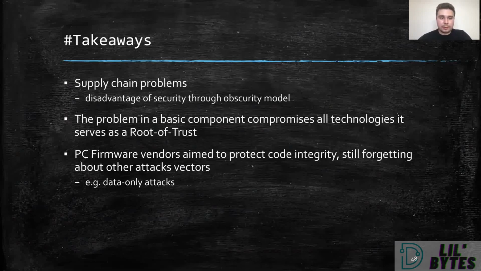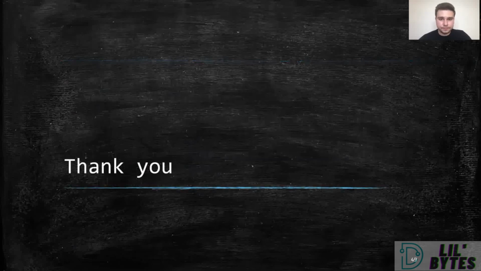And after analyzing some issues and some fixes for such issues, we can see that firmware vendors aimed to protect code integrity, and however, they are still forgetting about other attack vectors, such as data-only attacks, for example.